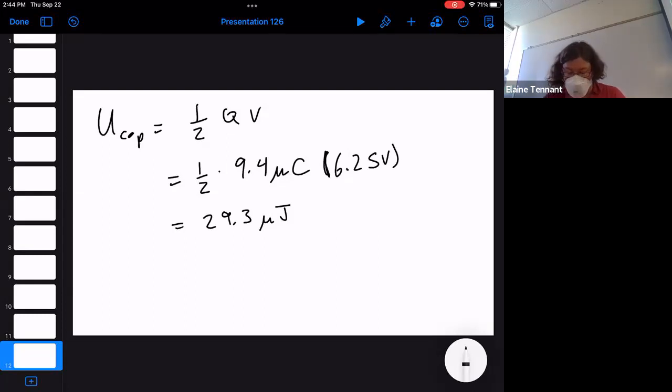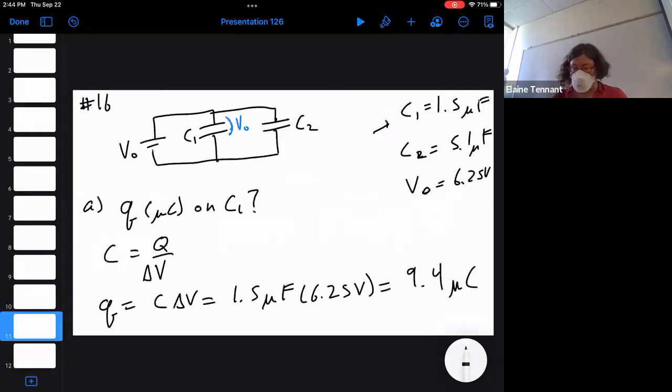After that, they go on and ask the same questions of C2. They ask for the charge on C2 and they ask for the energy in C2. What voltage would you expect across C2? Same as before. Good. So you wouldn't expect the voltage to be any different. Given that the voltage would be the same, would you expect more or less charge on C2? Which one's bigger, C1 or C2?